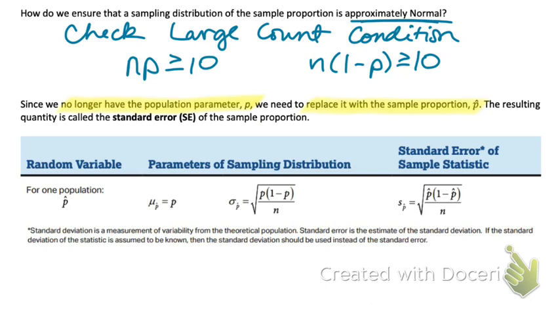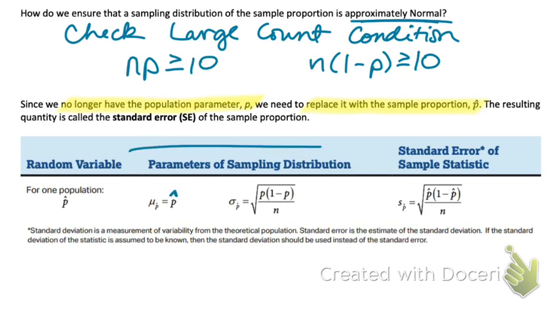That's the sample value that we are using to estimate. The reason we do that is because p hat should be a good, unbiased estimate of the true value of the population. So since we don't know the true population value, we go ahead and use it. Anytime you see p in these formulas, you'll just replace it with p hat.